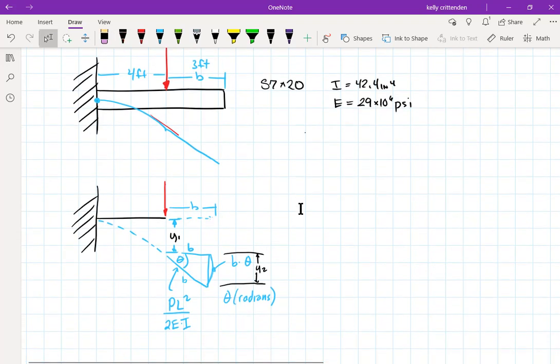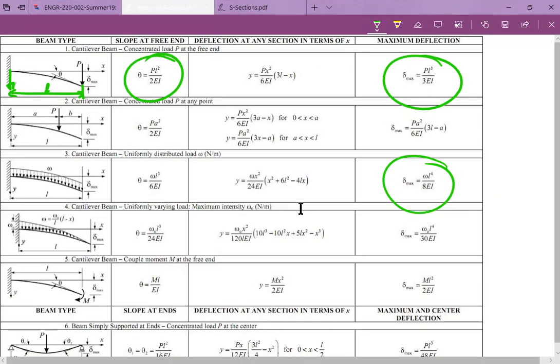Okay, so Y1 is equal to the max deflection for a cantilever beam with the point load at the end of it. The one thing you have to be careful of here is that in this case, L is not the total length of the beam. Think of it as the distance between the support, the wall, and the point load P, which in our case is only 4 feet.